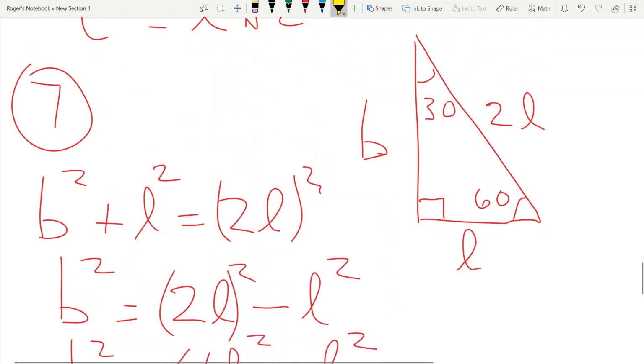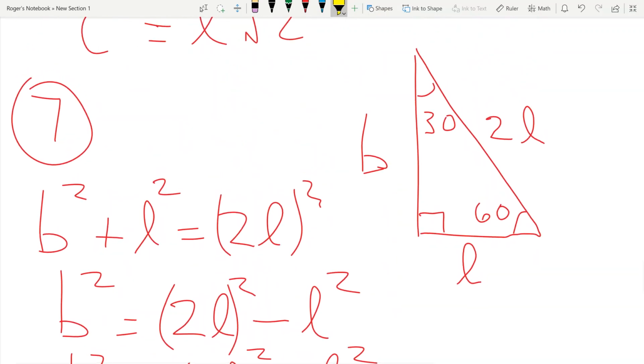So when you look at our special right triangle, the 30, 60, 90, notice how the sides work out. The sides will be L, 2L, and then this side over here becomes L times the square root of 3. So L, 2L, L square root of 3. Here's the relationship.